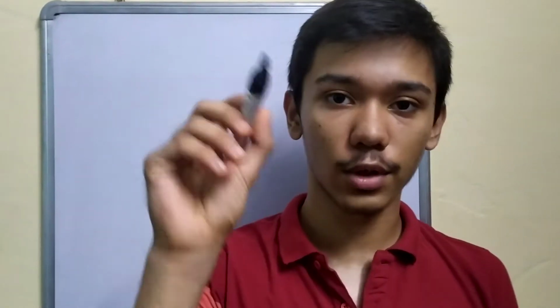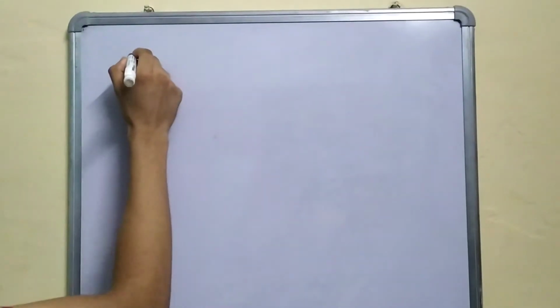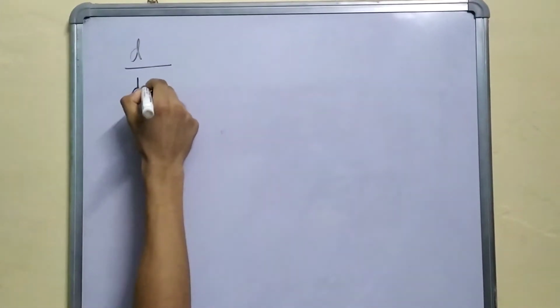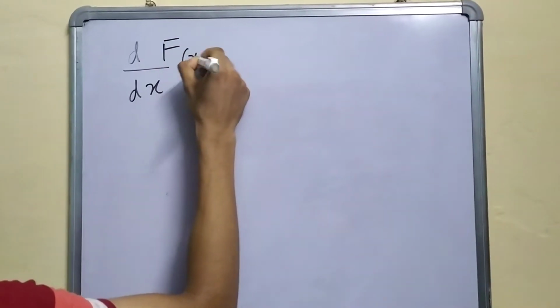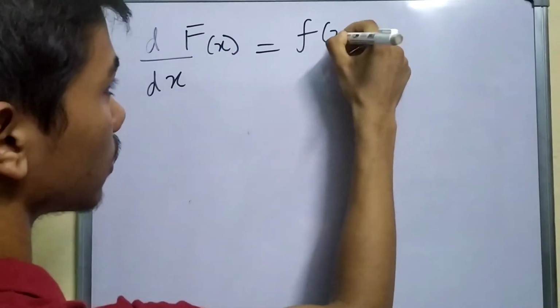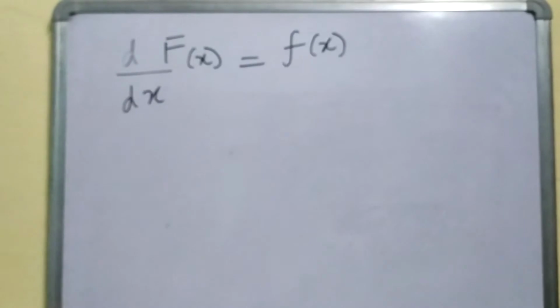So in this video we'll be studying definite integrals, the ones you originally studied when we found areas under the curve. Consider a function capital F of x; differentiate it and you get small f of x.